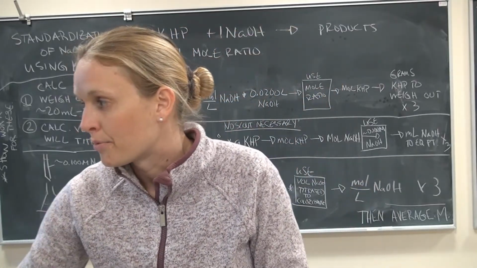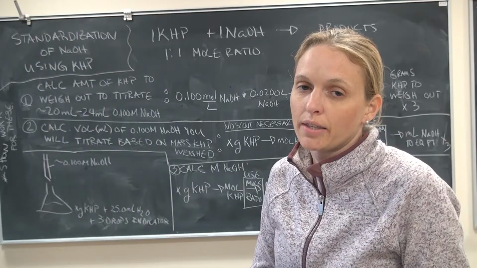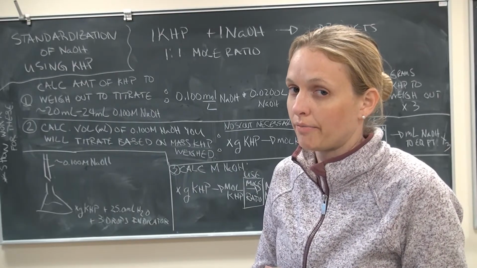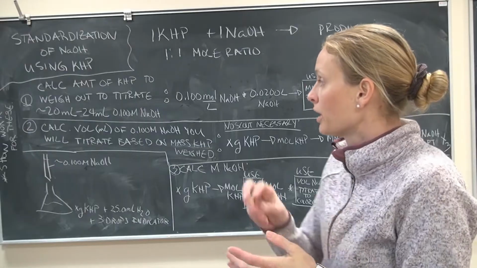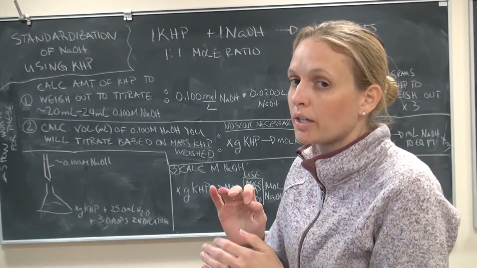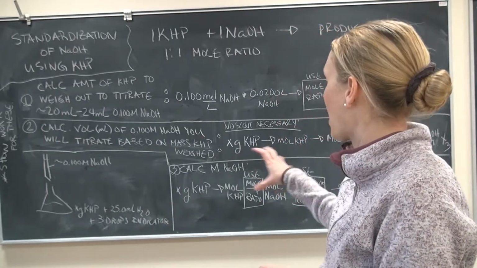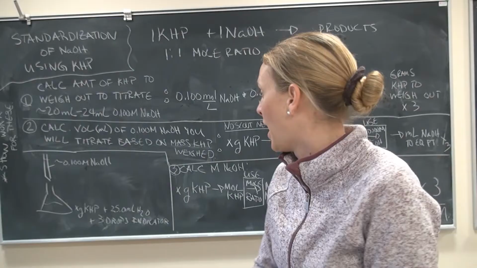And I filled up my burette with my 0.1 molar sodium hydroxide that I'm going to eventually determine the exact concentration of. Okay? All right, so we're going to talk about number 2, the calculation, and then we're going to do the experiment, and then we're going to come back and talk about how we use that information to do the final calculation at the end.